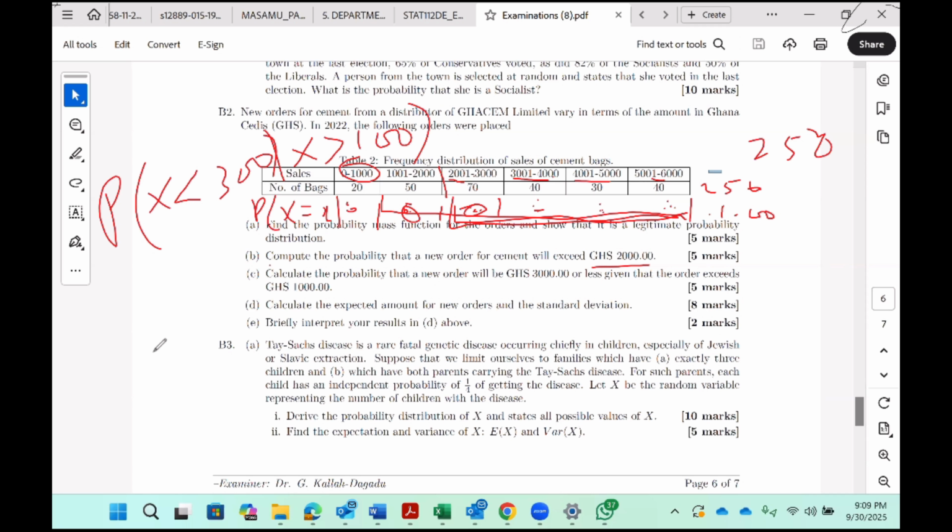So this is a conditional probability. We express it as the probability that x is greater than 1,000 but x is less than or equal to 3,000, divided by the probability that x is greater than 1,000.